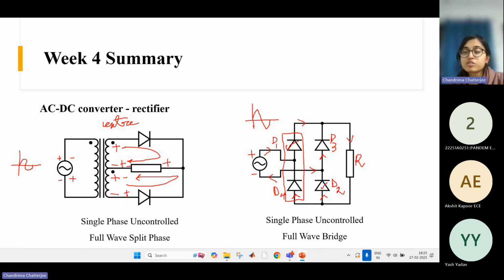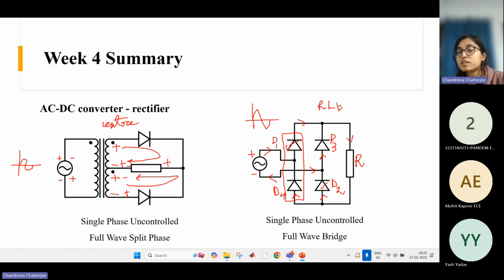But obviously, most of the loads are not pure R loads. There will be inductive loads. There may be capacitive loads, a combination of R and L, a combination of R and C, or there may be only a resistive load as well. Different types of loads are there. There may be an RLE load, resistive, inductive, and there may be some constant voltage source.